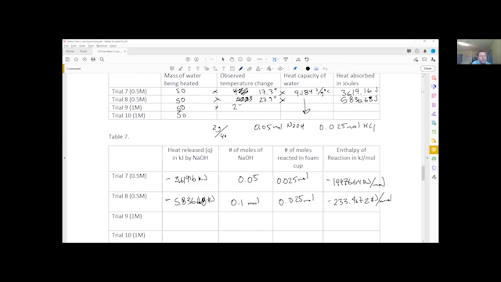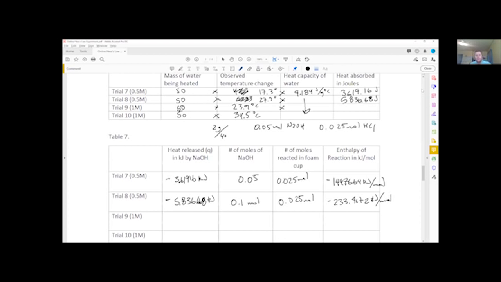So that would be 23.9 degrees Celsius. Heat capacity is the same. Trial number 10, I saw my temperature jump up to 59.5 degrees Celsius. That is a change of 34.5 degrees. I believe that is correct.